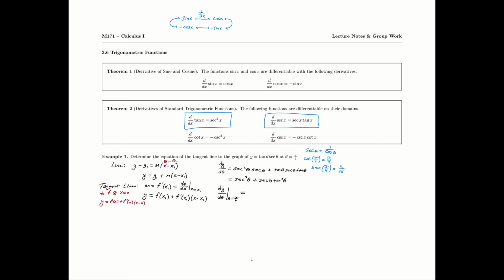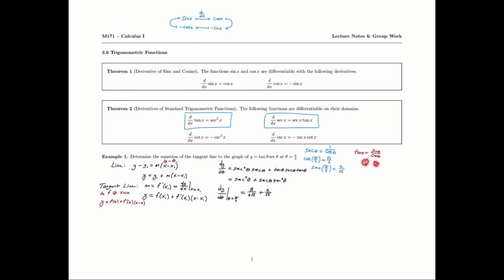So if we cube 2 over root 2, we have 2 cubed is 8, root 2 cubed is 2 root 2, plus we have another 2 over root 2 for secant. And then we know that tangent is, of course, sine over cosine, and cosine and sine are both the same value at pi over 4. So if cosine and sine are the same value at pi over 4, then their ratio must equal 1.